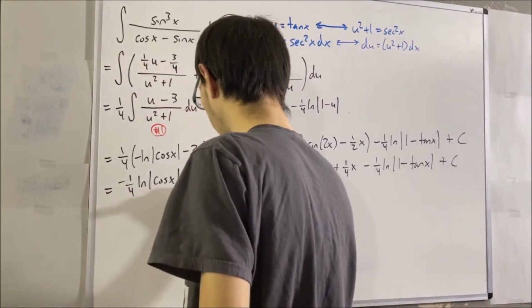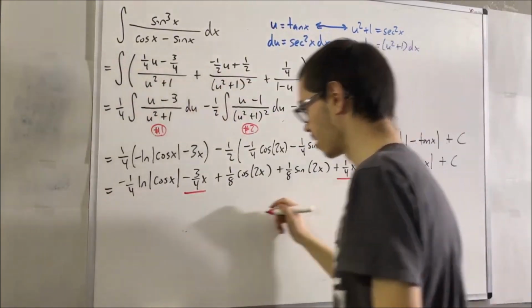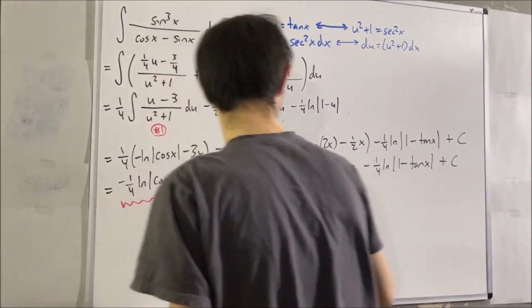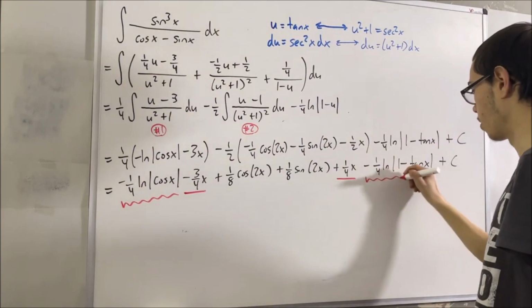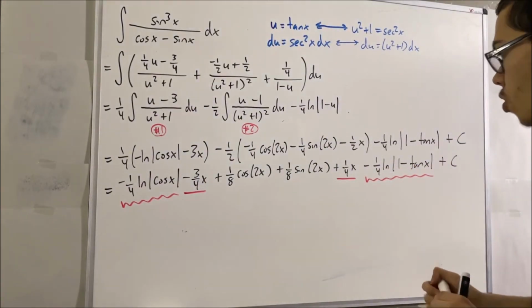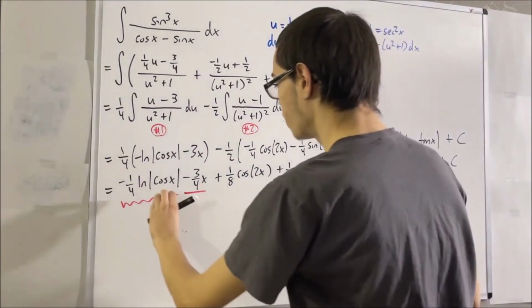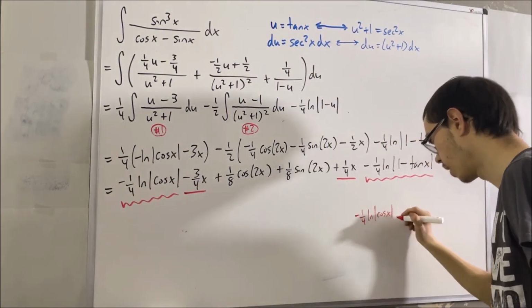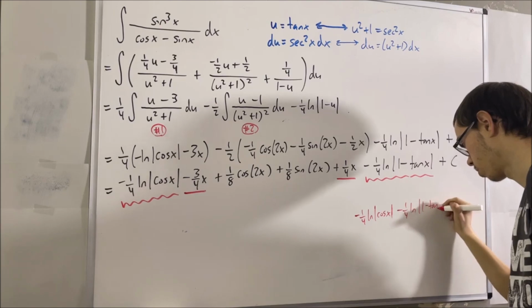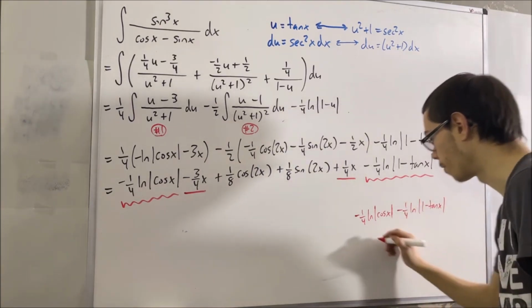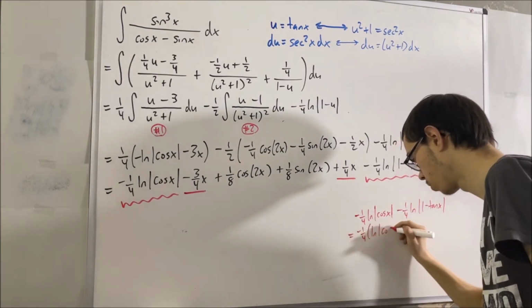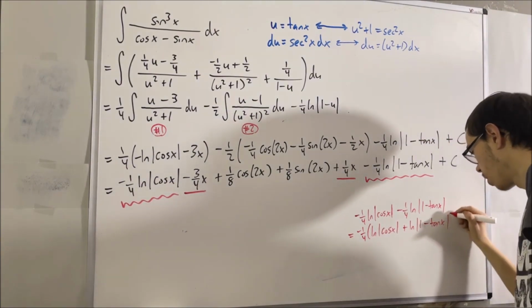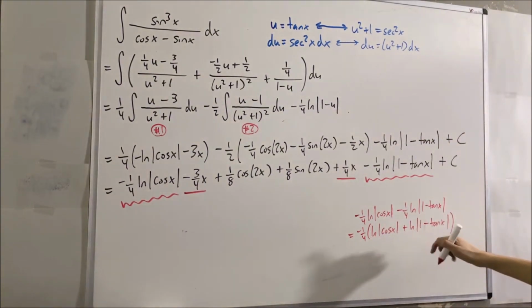We can combine like terms with these two things. And it turns out we can actually make this part look a little nicer as well. And so, by the way, when it comes to combining these two terms, let me just do that off to the side real quick. And we have this thing. Right, so I could factor out a -1/4. And you can see at this point, we're just adding two logarithms.